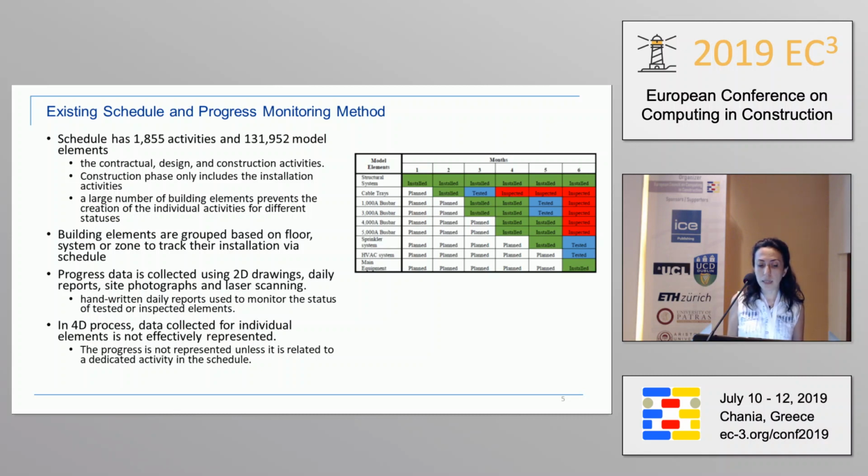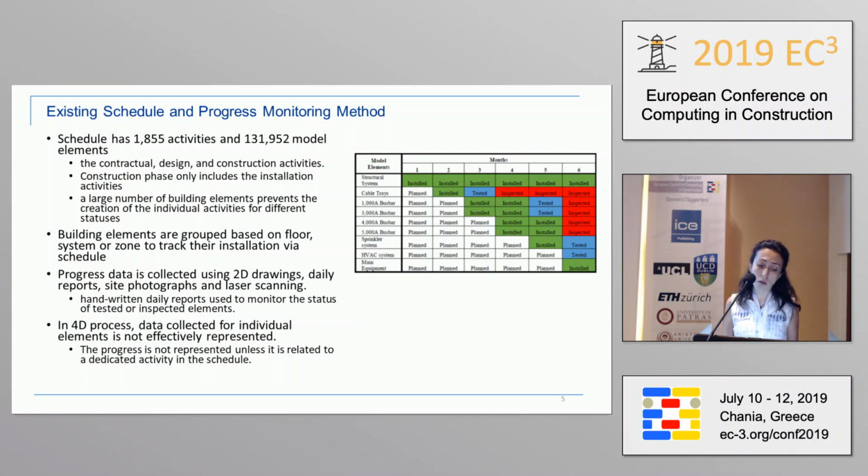The building elements in the schedule were grouped based on floor system or zones to track their installations. And the progress data is collected using 2D drawings, the daily reports, site reports, and laser scanning.